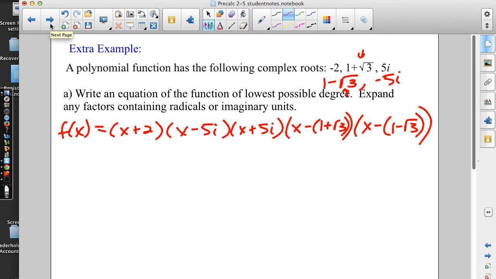Now, just like we did before, much easier to regroup these by distributing the negatives, and then putting your parentheses around the x minus 1s.